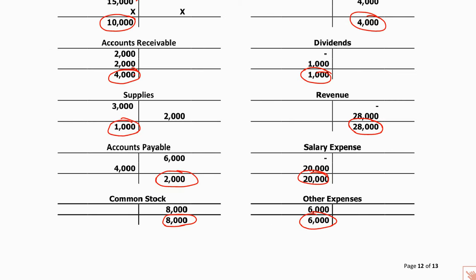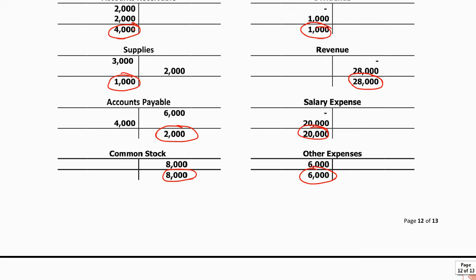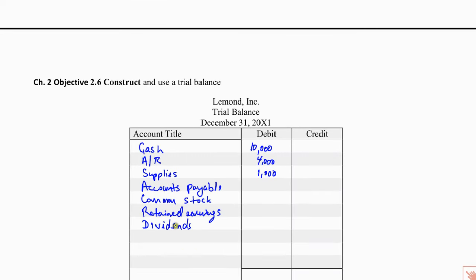All right, dividends, revenue, salary expense, and other expense. So here we go.